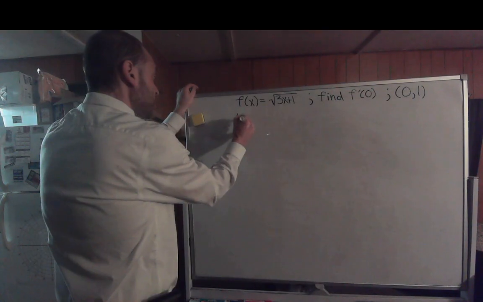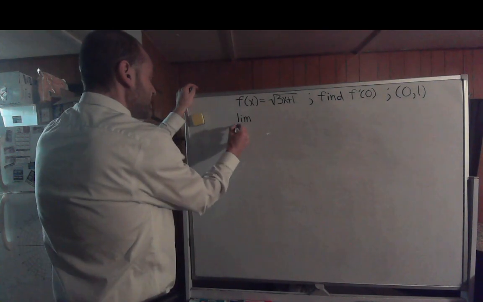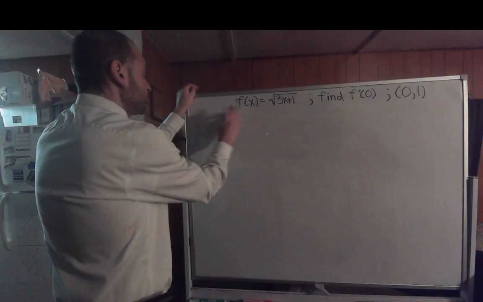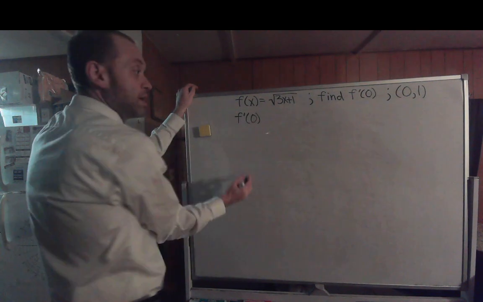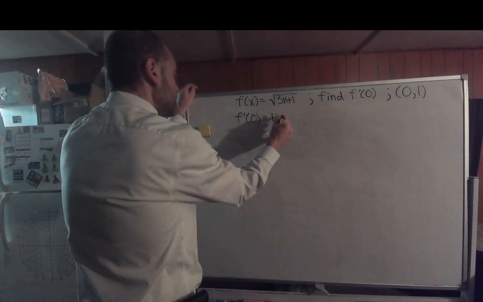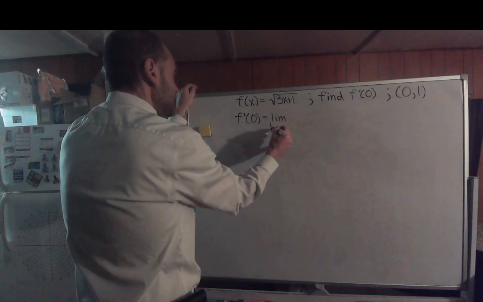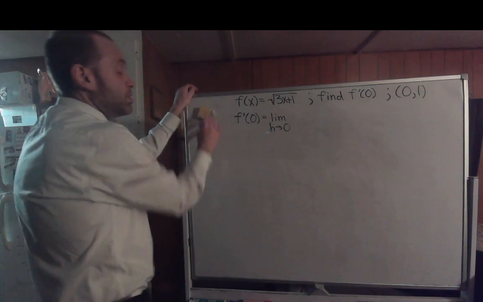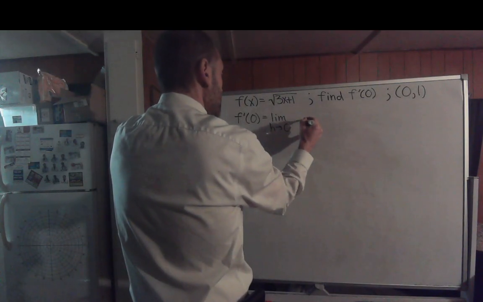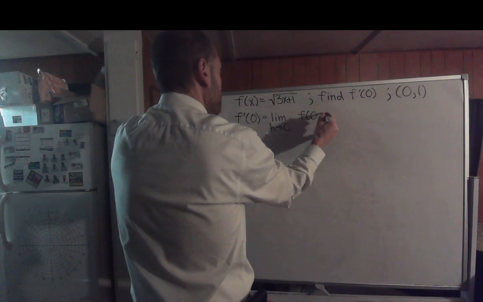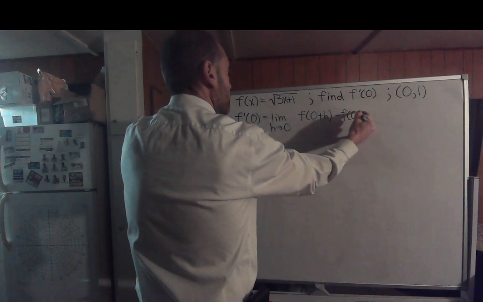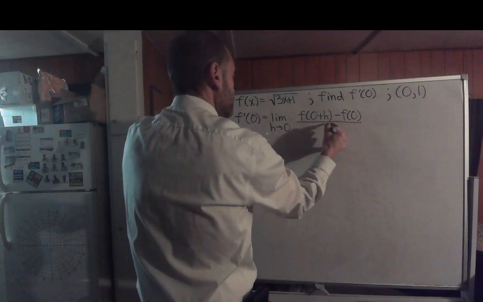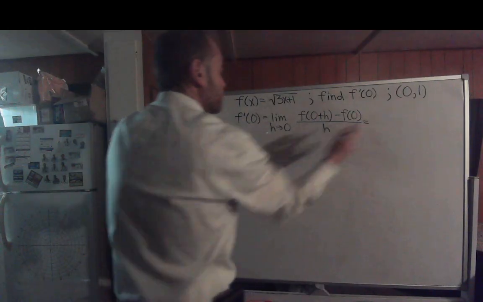So we're going to take the limit. f prime of 0 is going to equal the limit as h approaches 0 of f of 0 plus h minus f of 0 all over h, which really, 0 plus h is just h.